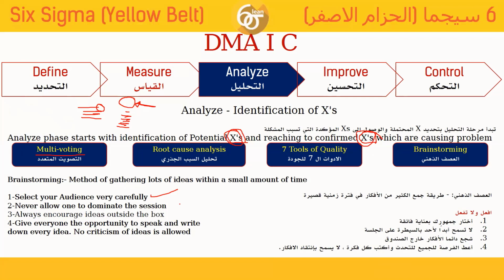Each one of the brainstorming team should have an equal amount of time to speak. You need to encourage them to give you ideas from out of the box. Whenever you have an idea out of the box, it will be very good for you in order to identify the X's.